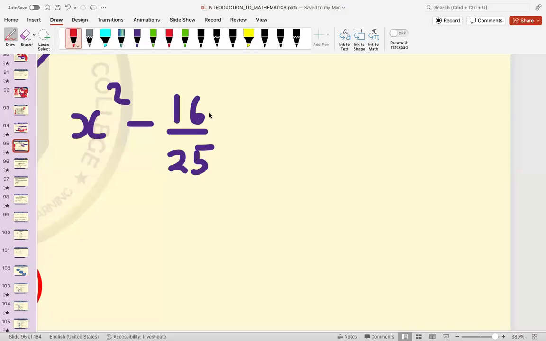You keep thinking that 16 is the same as 4 squared, and 25 is the same as 5 squared. So simply put, you can rewrite this one as x squared minus, instead of 16, 4 squared divided by 5 squared.